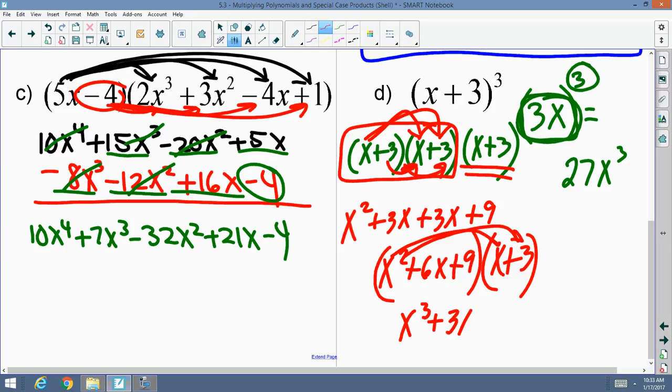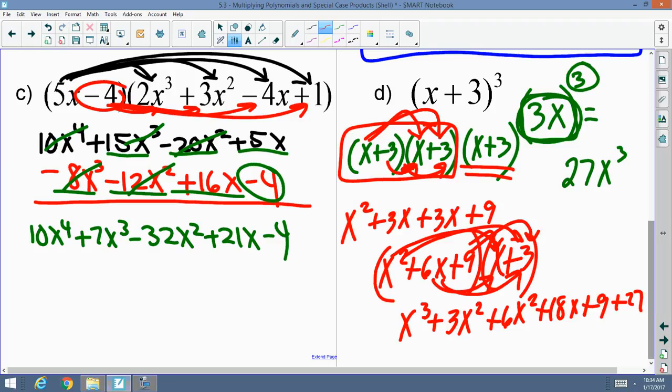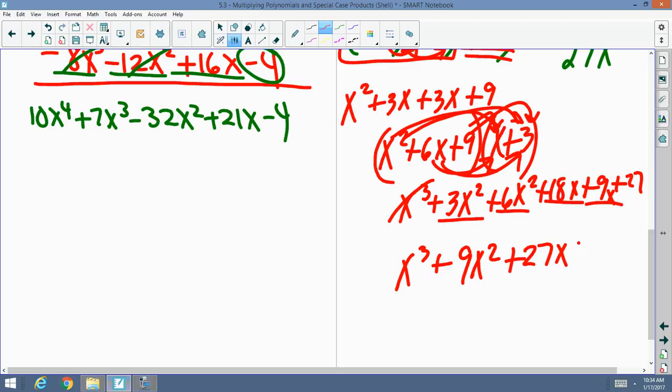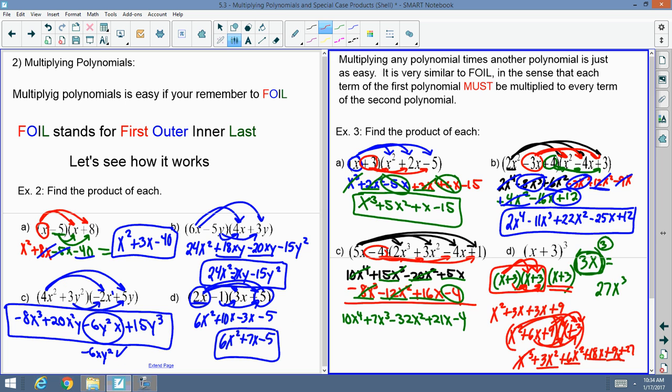Then I have 6x times x, which is plus 6x squared, plus 18x, plus 9x, plus 27. So at the end of the day, my answer is x cubed plus 9x squared, plus 27x plus 27. Does that make sense to everybody?